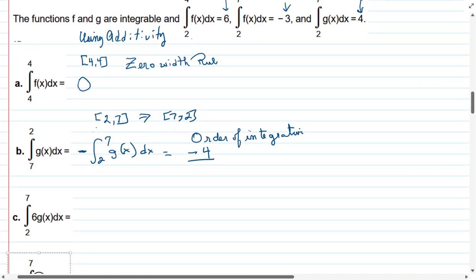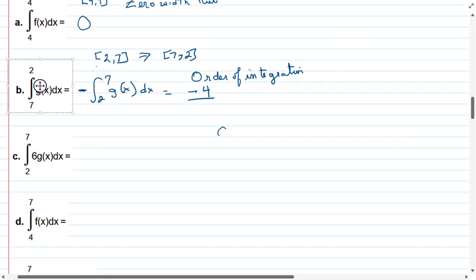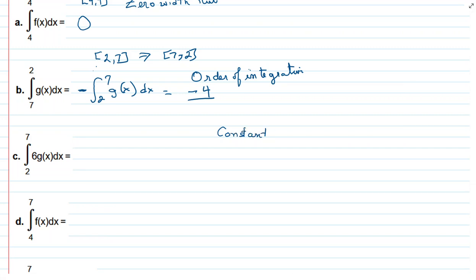Constant multiple is how they called it. So what we have here is 6 multiplied by the integral from 2 to 7 of g of x dx.